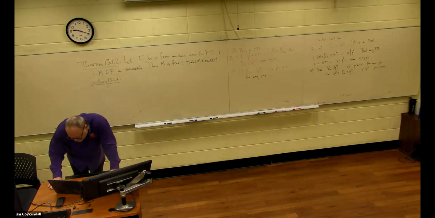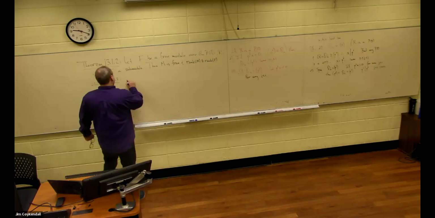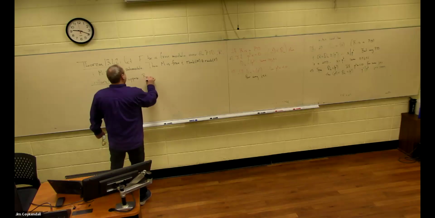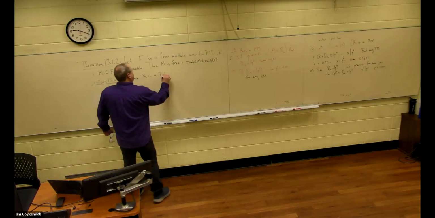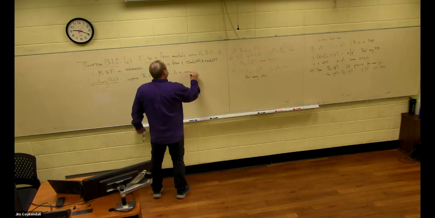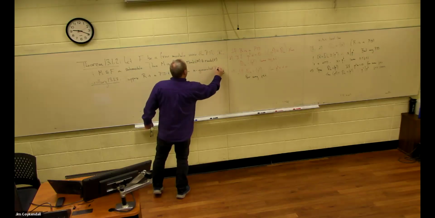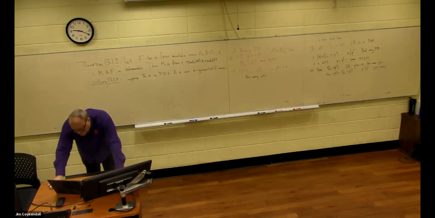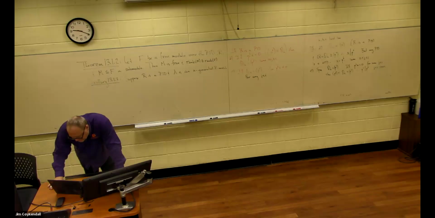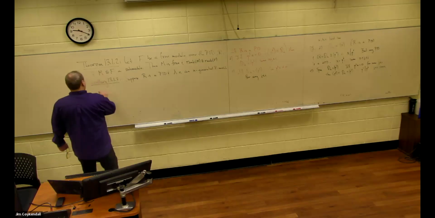Let's suppose that R is a PID and A is an n-generated R module. Then any submodule of A can be generated by less than or equal to n elements.